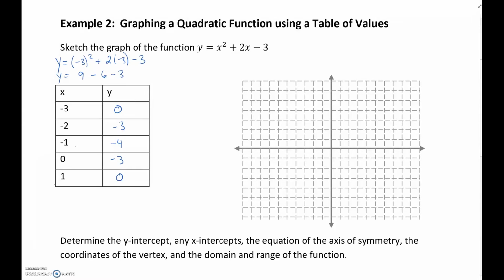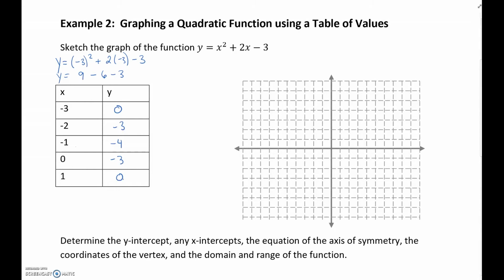Even though these x values are increasing by 1 each time, you can see your y values are doing something quite unique. But this is a pattern that you'll see always for quadratics. You start at 0, -3, -4, back to -3, 0. So you're seeing that shape emerge, that parabola emerge from your table of values.